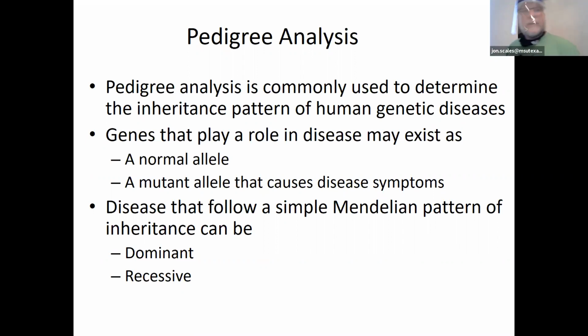The other aspect of the inheritance patterns that we can determine with pedigrees is sex linkage. Okay, sex linkage. In humans and all mammals, for that matter, sex is determined by chromosomal difference.